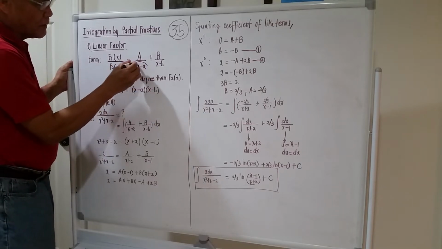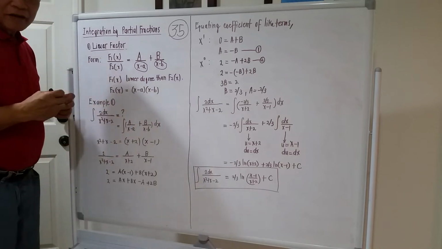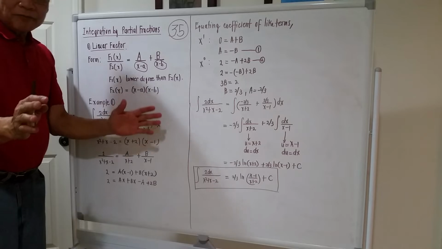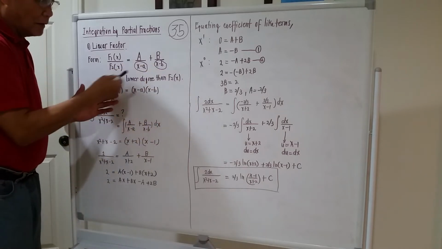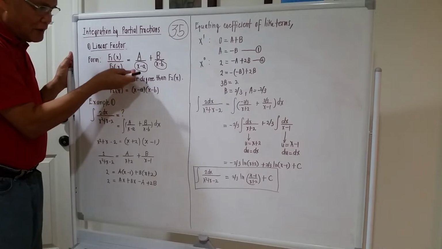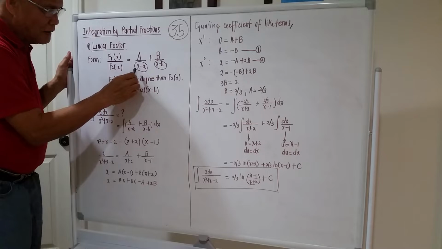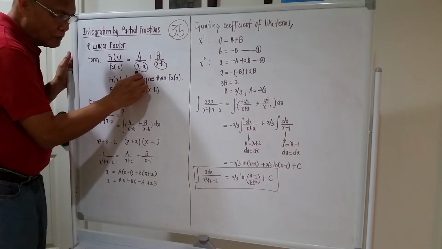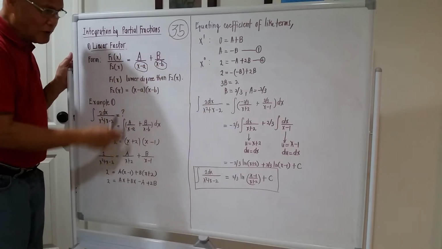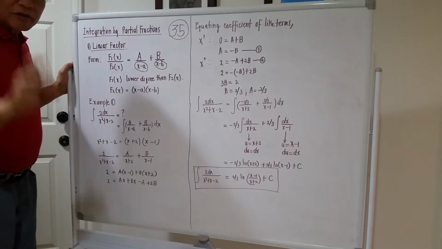These are linear factors. Okay? And they are not equal. So if the form is something like this, it falls under linear factors only. Meaning the resulting denominators will be linear factors, x minus a, x minus b. Linear. Okay? There is a condition for this one.